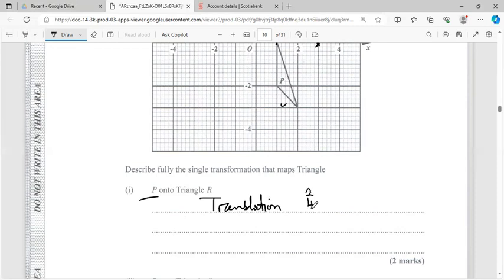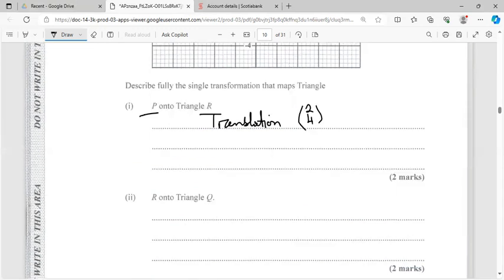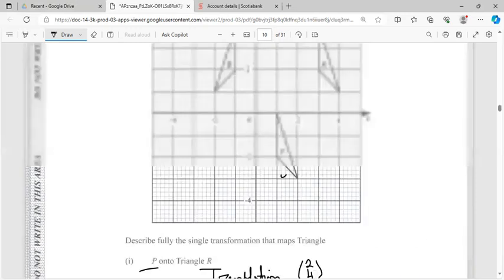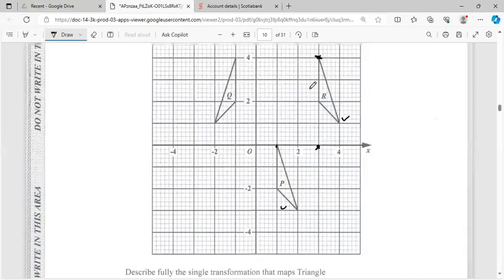Alright, so that's R and Q. So this is what we call this to this. We can see that this looks like a reflection.